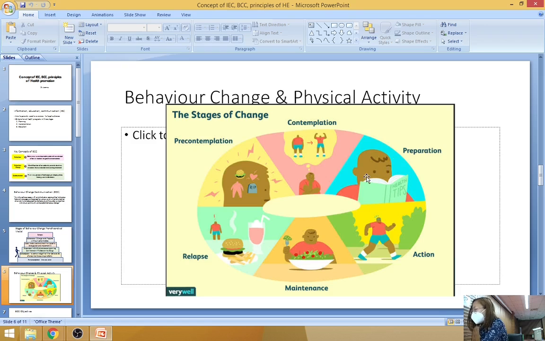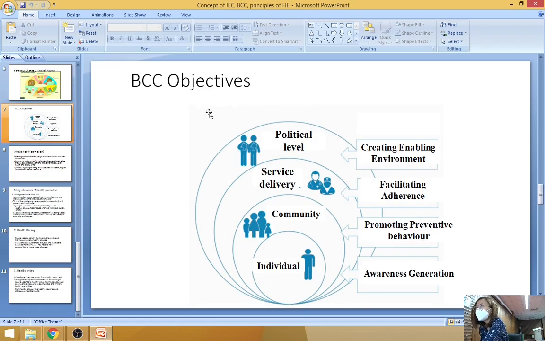Now he has started the action, implemented it. Okay, then he has started maintaining it. At times there is chances of relapse also. Okay, this is one of the examples. So in any of the habits, any of the behavior, we can apply this stages of change, the trans-theoretical model of behavior change.